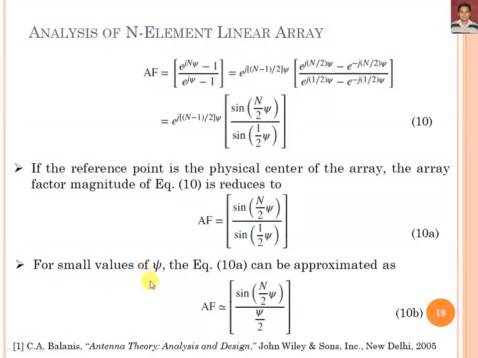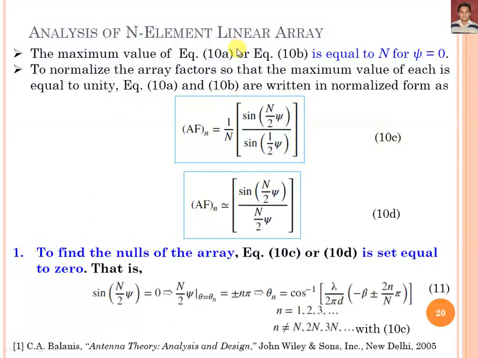For small values of ψ, this equation can be approximated as AF ≈ sin(nψ/2) upon ψ/2, since sin(ψ/2) is nearly equal to ψ/2. These two equations are very important for the calculation of all relevant parameters.